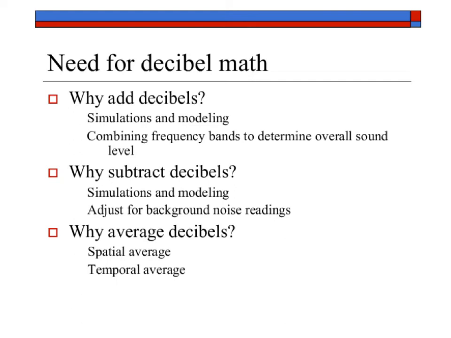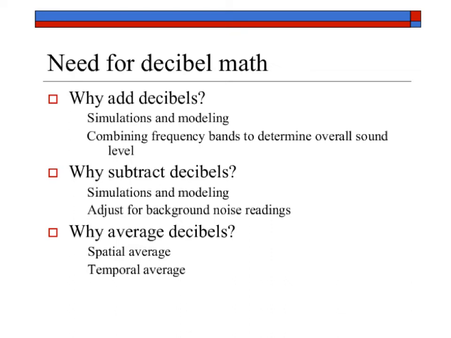Another common situation for using subtraction is to adjust for background noise. Suppose we want to know the noise output of a certain machine, and it's in the midst of a factory where there's lots of other stuff going on. Well, one approach would be to shut down the whole factory and just run the machine of interest by itself. However, that's very often not practical.